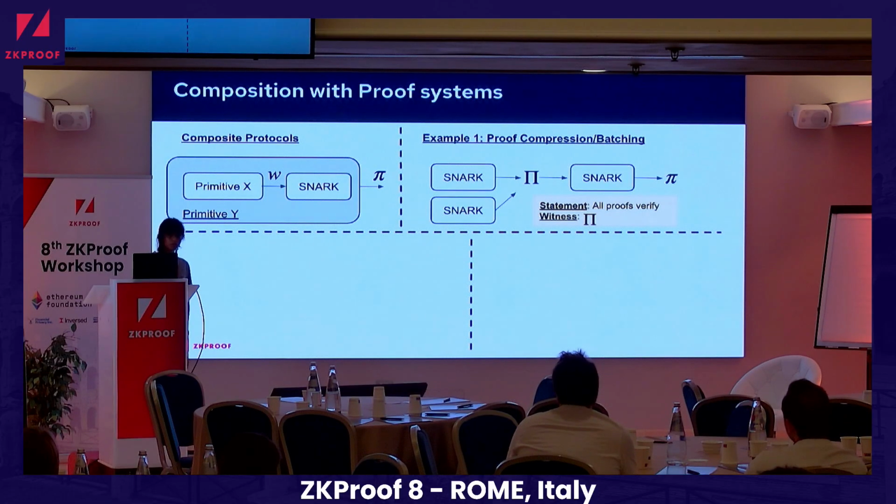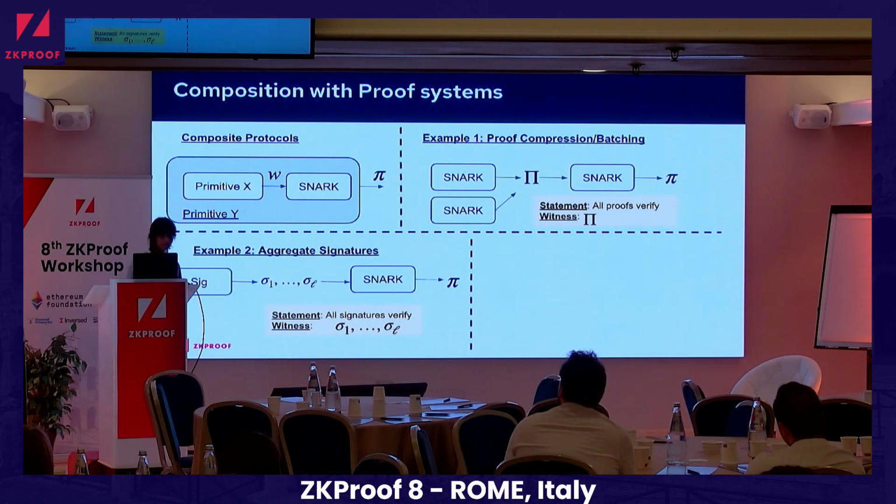For example, you can use it to compress or batch proofs, where you have several SNARKs in the first layer that give you this vector of proofs, big pi. You don't want to send all of them out, so you compress them using another SNARK on top, which just proves that all of these input proofs verify.